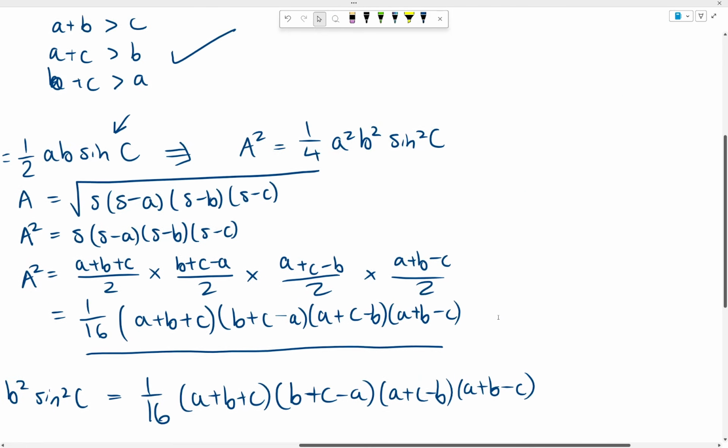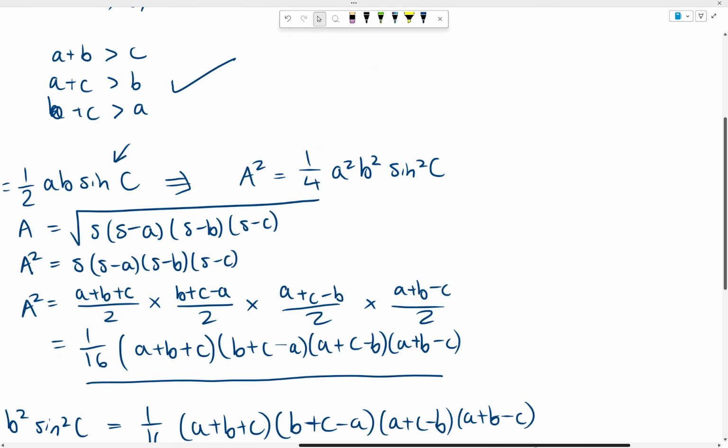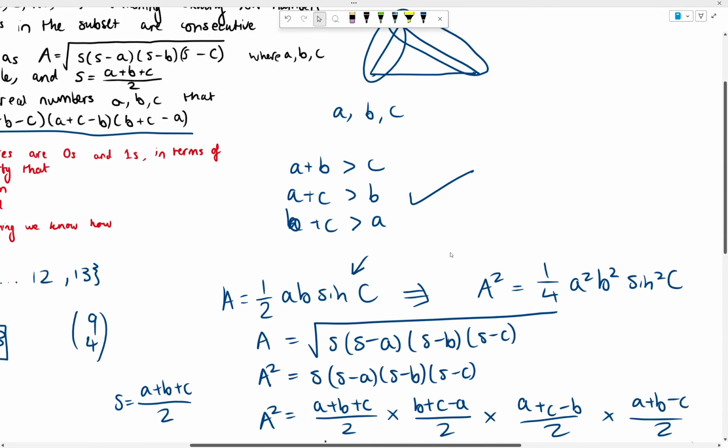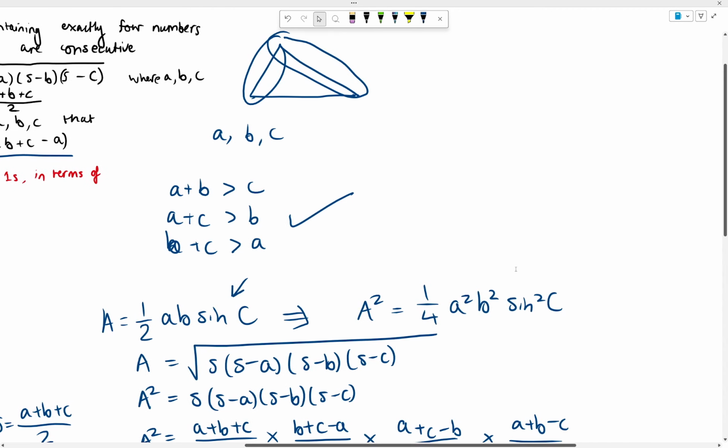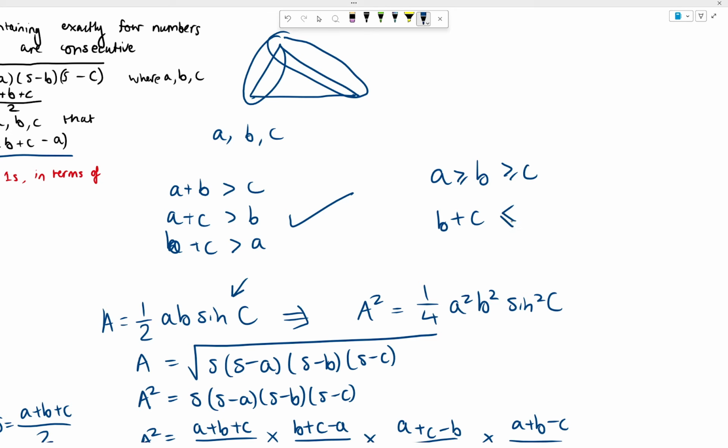So that's the hard bit of the problem, and then the last bit is to see, well, what happens when one of the triangle inequalities isn't satisfied. So we're going to say without loss of generality that a is greater than or equal to b, is greater than or equal to c. So we can suppose that b plus c is less than or equal to a.